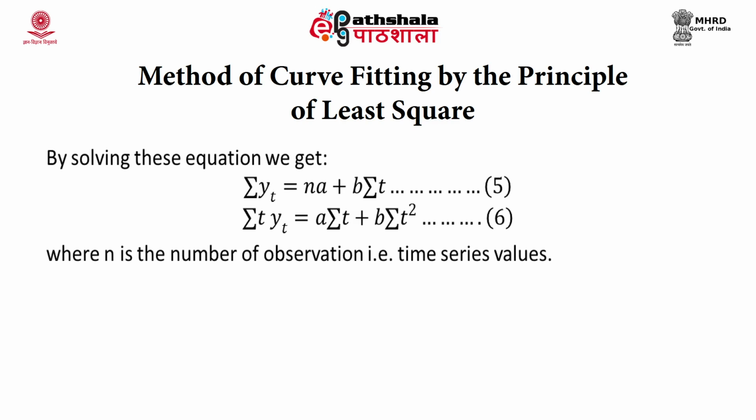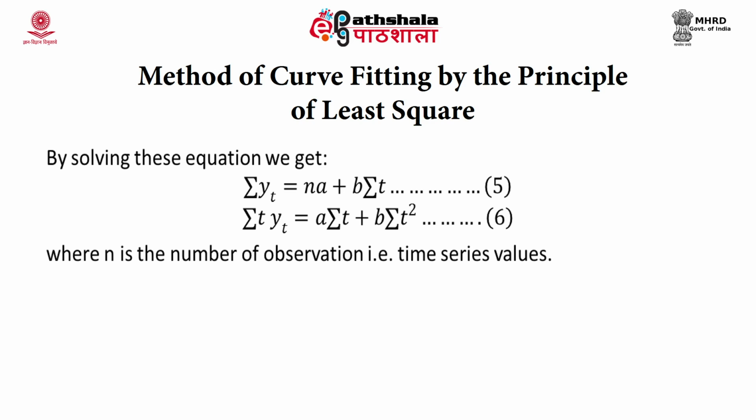So this is represented through an example. In this example, we have years given in the first column and production given in the second column, and t denotes year minus 1994.